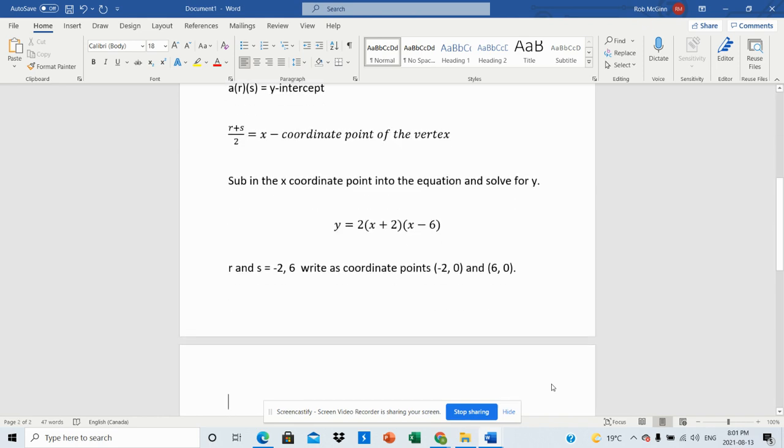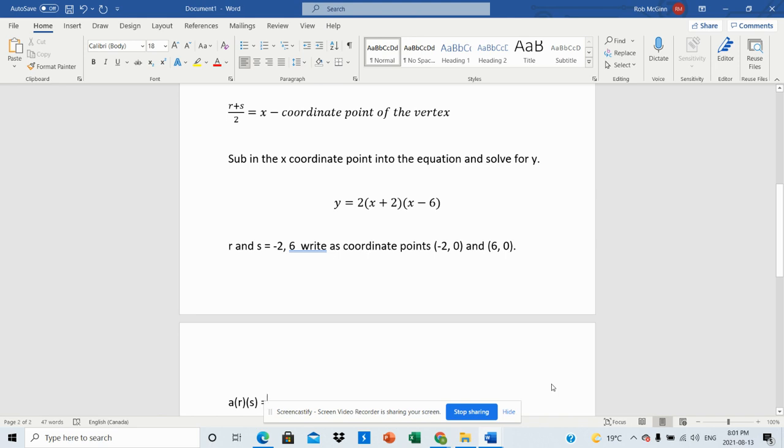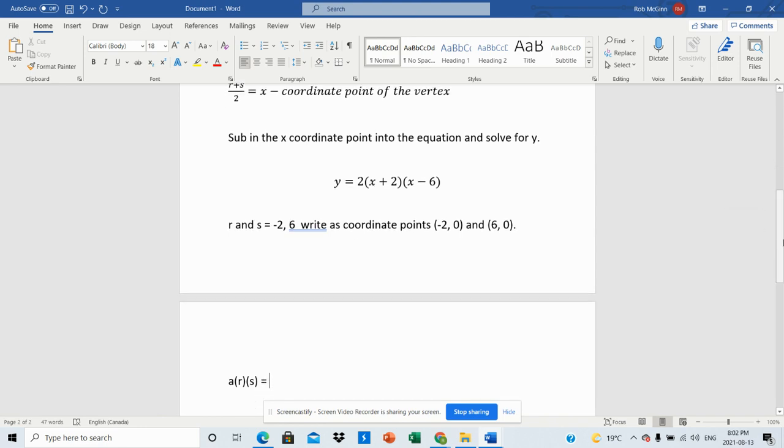Now our y-intercept, if we remember, was a times r times s. Well, here 2 is a, r is, remember, minus 2, and s is positive 6. So, let me just write it down here: 2 times minus 2 times 6.